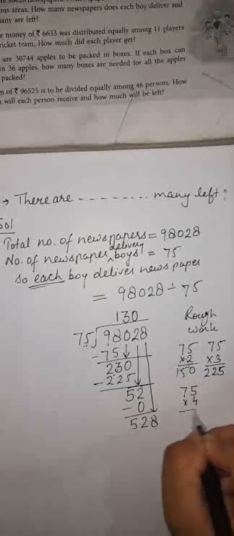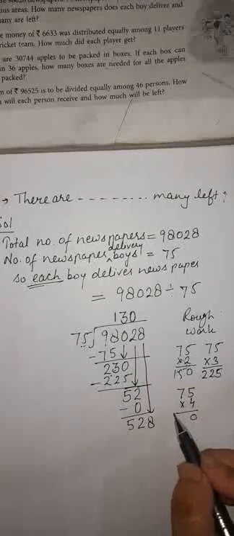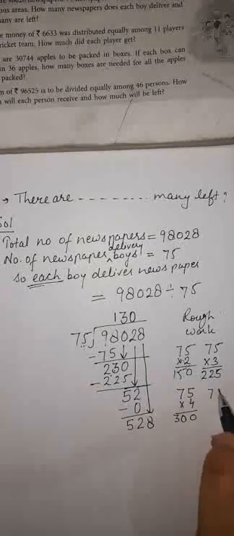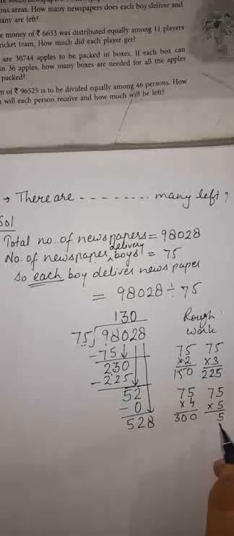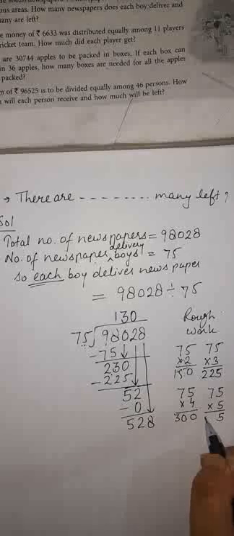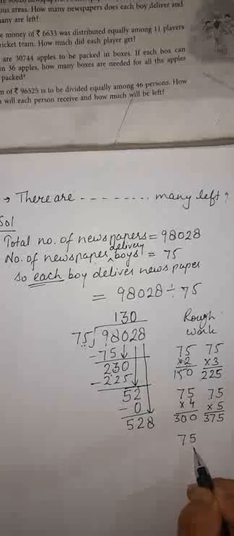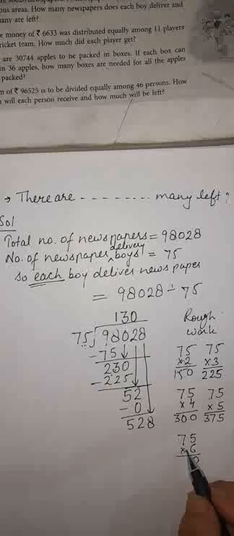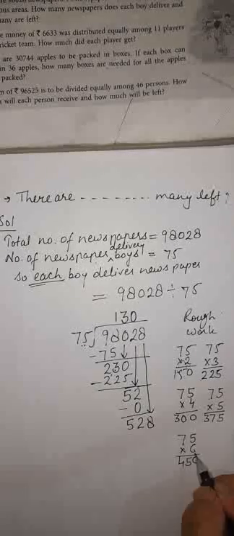Alright children, again we will recite the table of 75 after 3. 75 4s are: 4 5s are 20, 4 7s are 28, carry 2, so 300. 75 5s are: 5 5s are 25, 2 carry, 5 7s are 35, 35 and 2 is 37, so 375. 75 6s are: 6 5s are 30, 6 7s are 42, 42 plus 3 is 45, so 450.